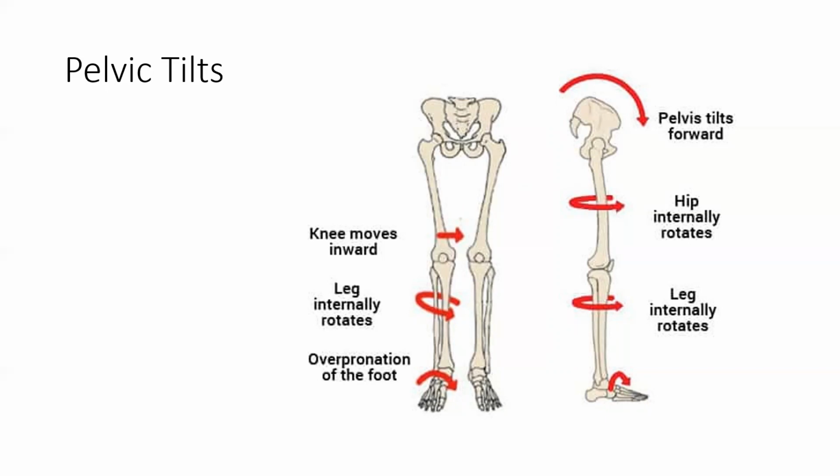So when we have this collapse of the foot, we have an internal rotation of the entire leg, which forces the pelvis to tilt forward to create space for the femur, which leads to an anterior pelvic tilt. We've talked earlier about these anterior pelvic tilts, how they lead to overextension at the lumbar spine, and lead to some issues up the chain, because now we have an unstable pelvis.